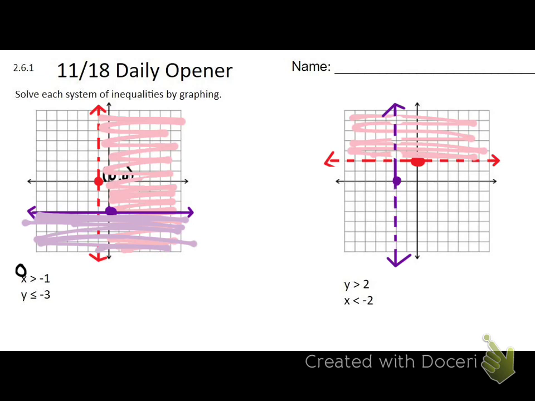And then for this one, I'm going to have to pick a test point. What's my test point going to be? 0, 0. Okay, if I substitute, is 0 less than -2? No. Because it's false, because 0 is not less than -2, I shade away, to the left. Good.